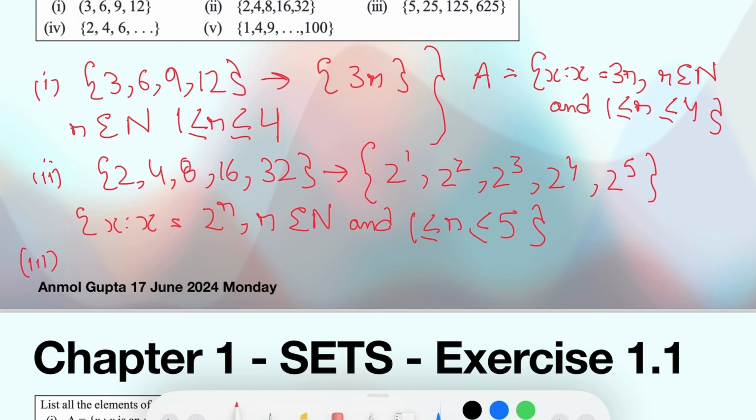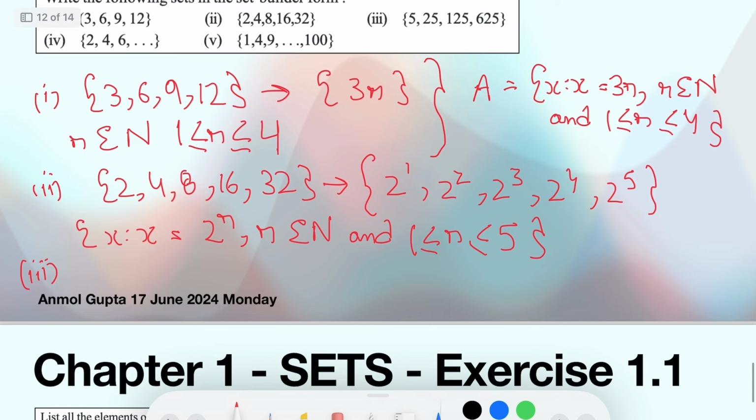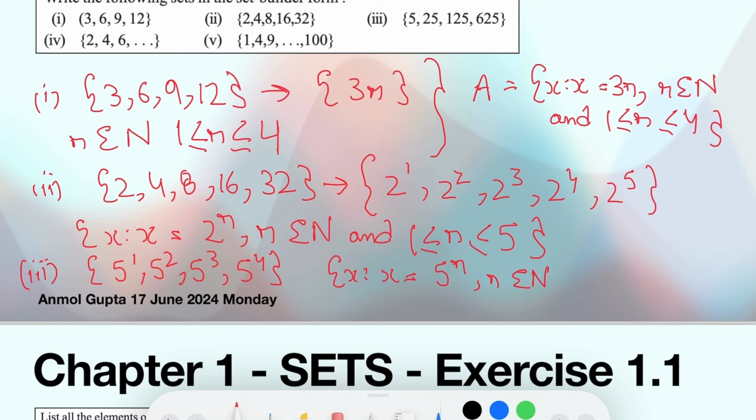Moving on to the third question, we can notice a pattern. So in the set builder form it can be written as x such that x is equal to 5 raised to power n, n belongs to natural number and n is greater than equal to 1 and less than equal to 4.